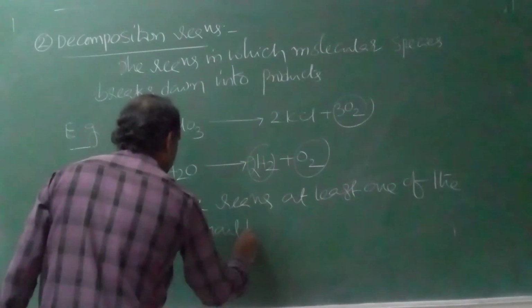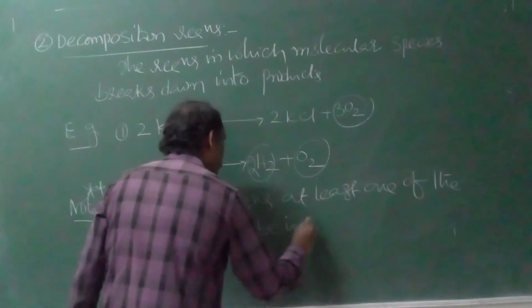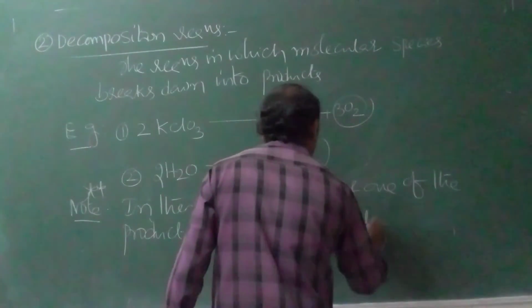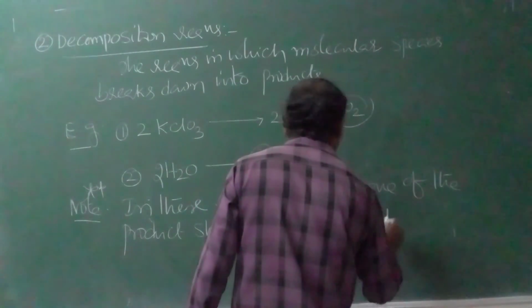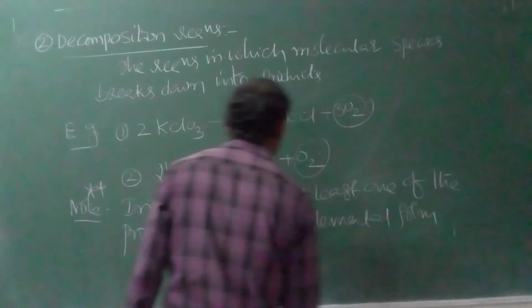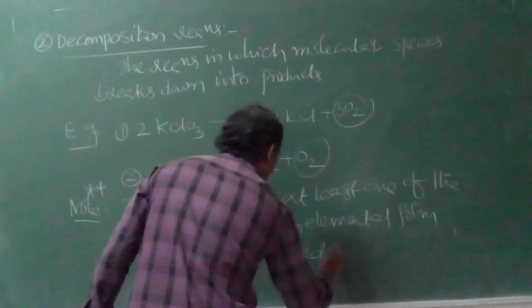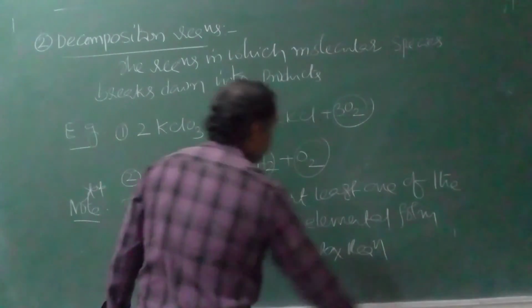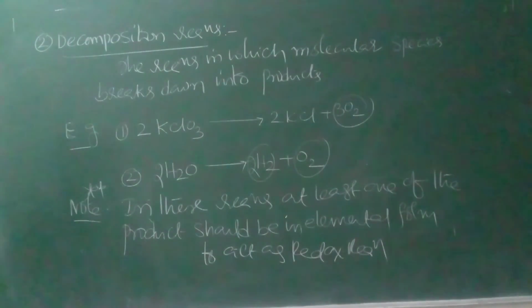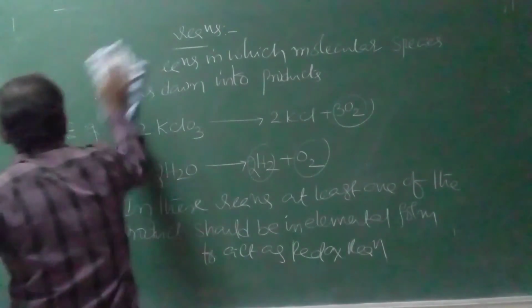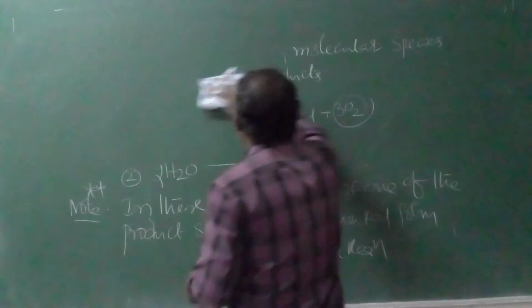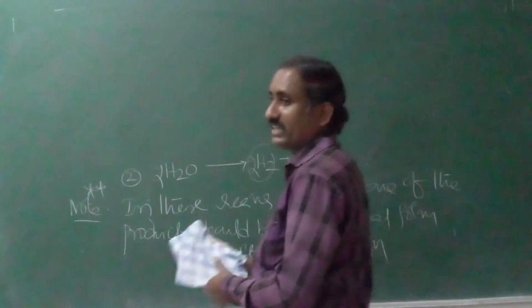At least one of the products should be in elemental form to act as a redox reaction. If none is in elemental form, it is not a redox reaction. It is just a decomposition reaction.